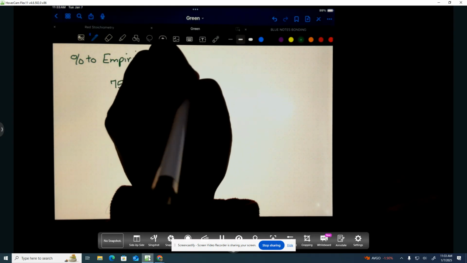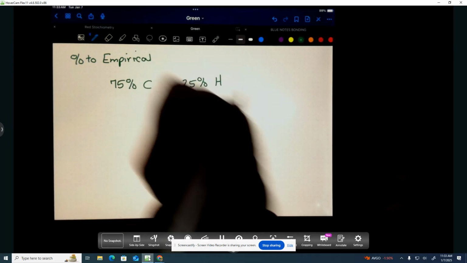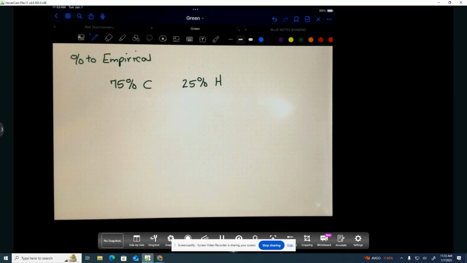Okay, so now we're going to go from the percent to the empirical formula. This we have not done before. You might want to take some notes. I am videoing, so if you need to go back and look at it later, you can. Let's say you are given a percent, like 75% of a substance is carbon and 25% of it is hydrogen, and I ask you to give me the empirical formula.